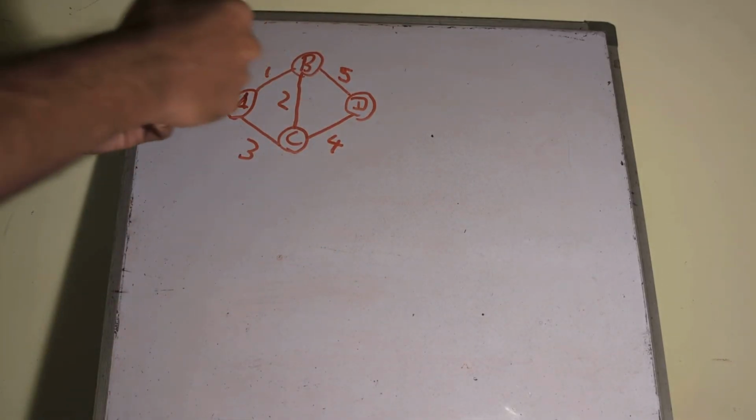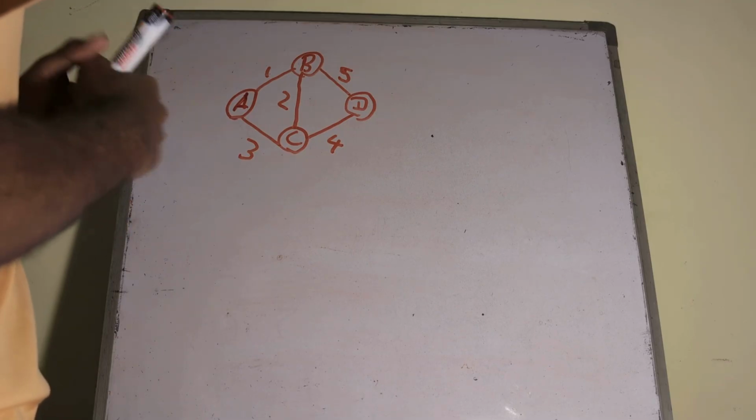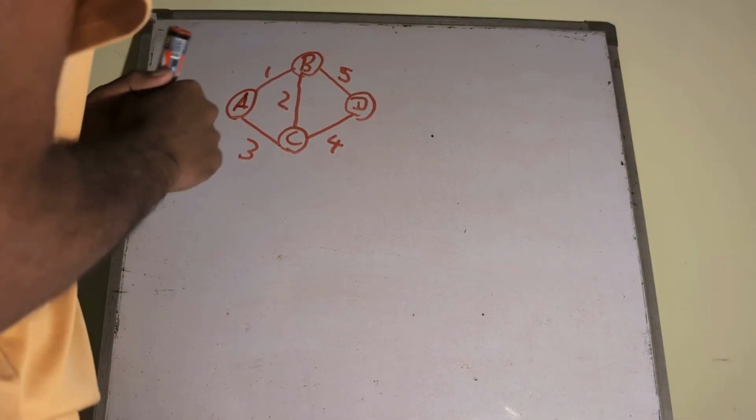So this is the weighted graph. We need to convert this to my MST, the minimum spanning tree.